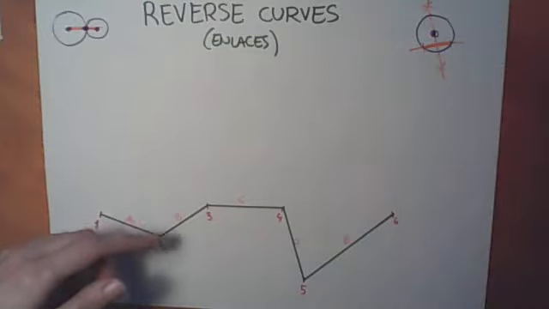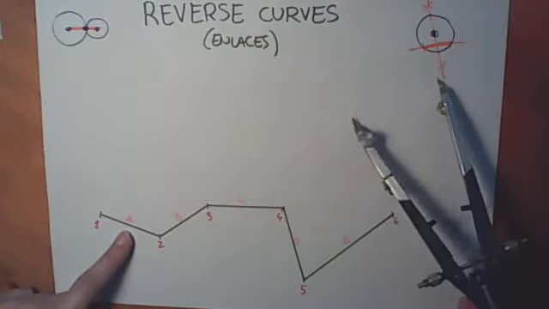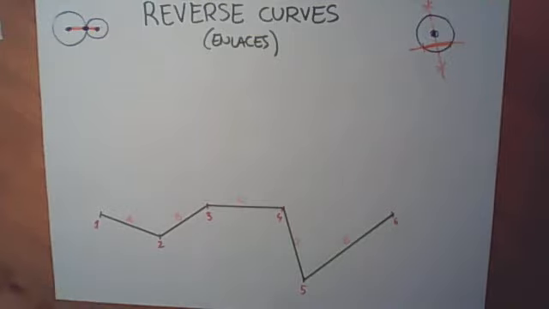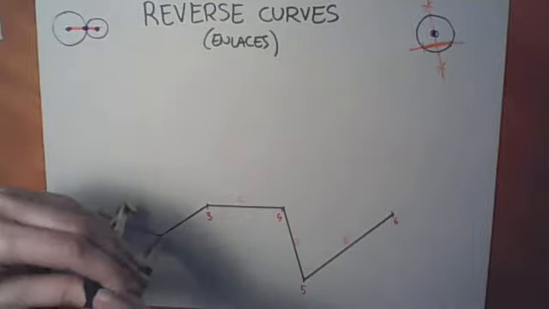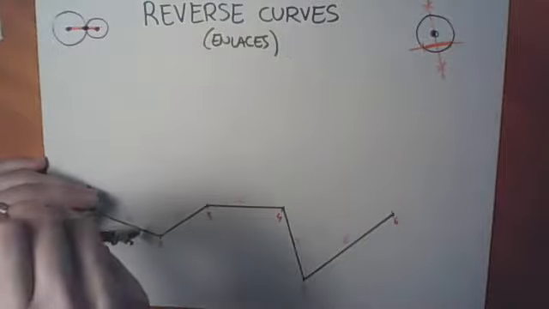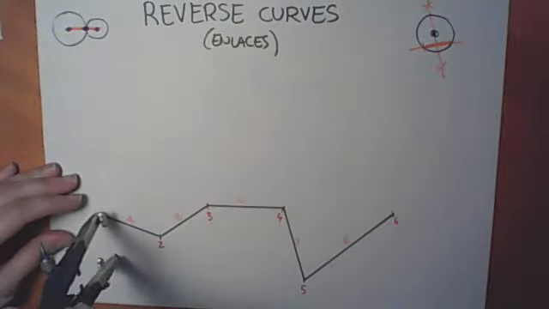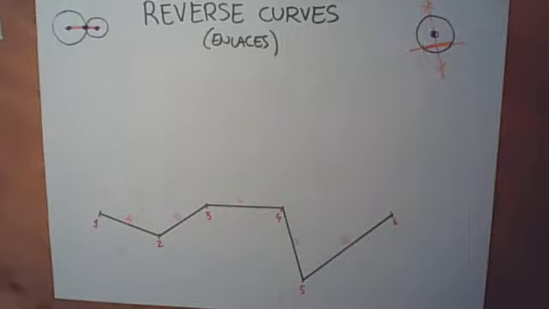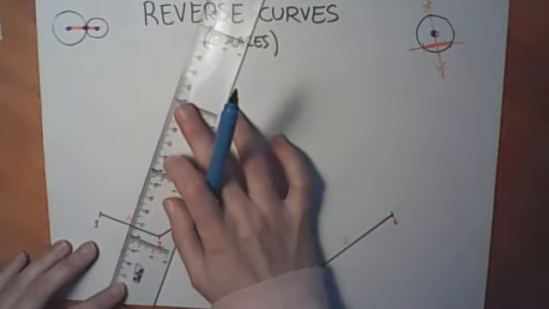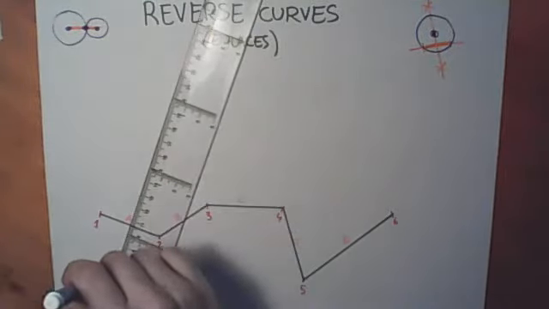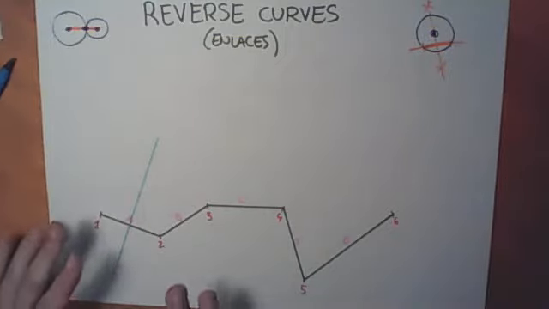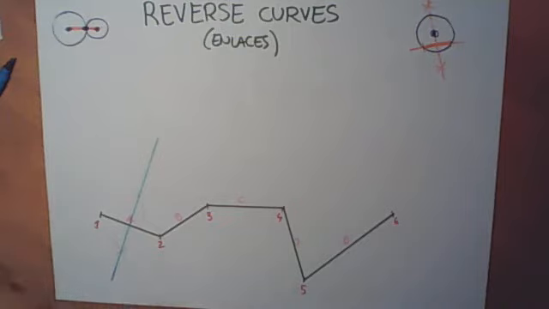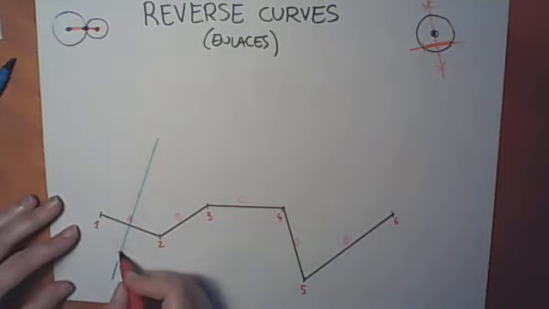Let's start by applying this to our first segment. We need to draw the perpendicular bisector. And for the first segment, okay, the first one, I choose where I want to put my center. I decided to put it here.